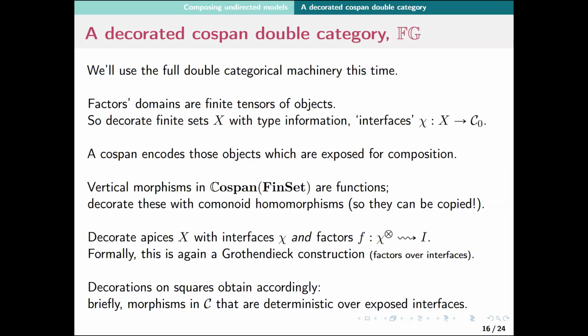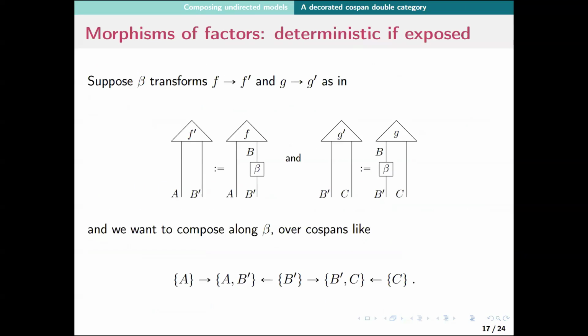But we need them to project out to deterministic functions on the legs. And that's why we have this dependence on the whole span structure, because we need to look at the legs to say which bits are deterministic. That gives you a way to say I've got deterministic morphisms on the exposed bits, but not necessarily deterministic morphisms between the factor decorations in the middle. And this gives me my whole double categorical structure, and it's in detail in the paper, of course.